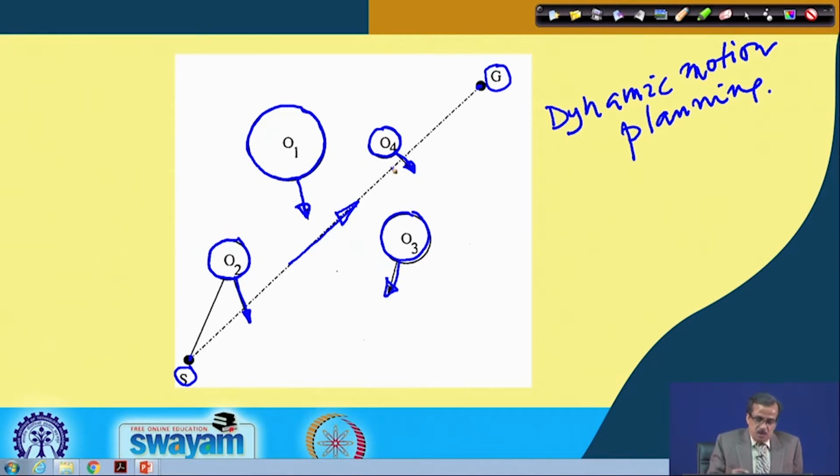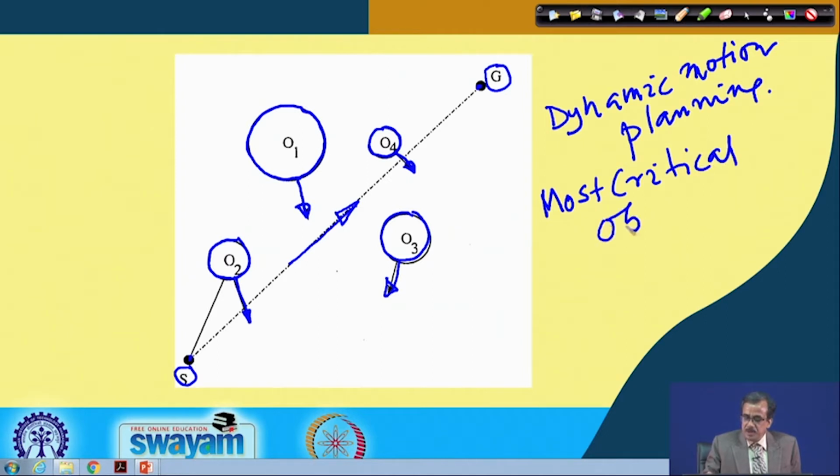To determine the most critical obstacle, I have to look at at least two things. One is the distance between the present position of the robot and that of the obstacle, and another is the direction of movement.